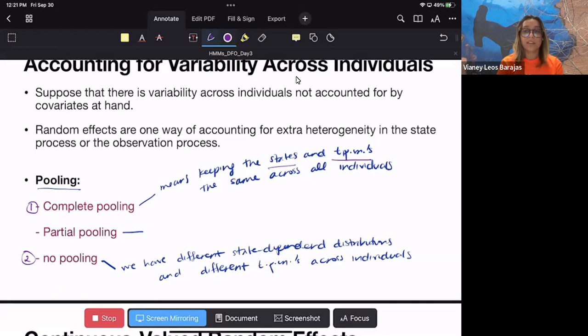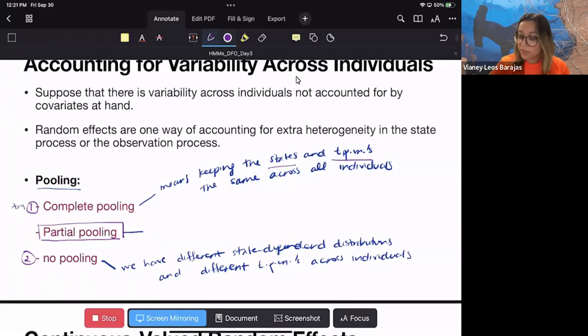And if we can keep it under complete pooling, that might provide the most rigidity, but it also makes it quite easy to interpret the model. If we find that there's simply too much variation and that we lose explaining that variation by complete pooling, we can typically then turn to partial pooling.